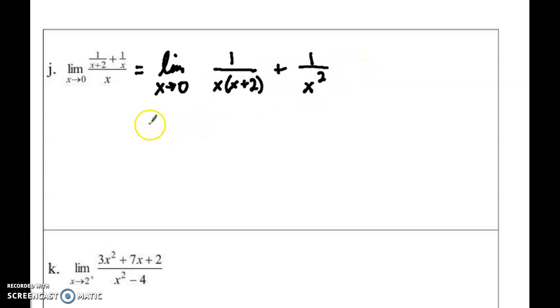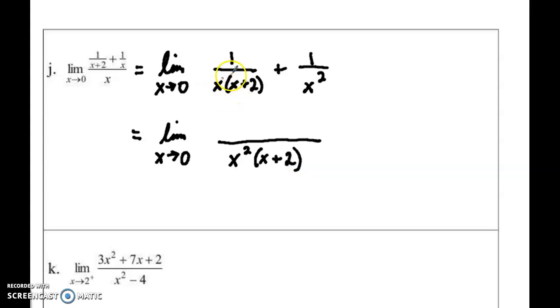So now you can get this to be one denominator. So that's the limit as x approaches 0. Common denominator being x squared, x plus 2. So this piece is missing an x. This piece is missing x plus 2.